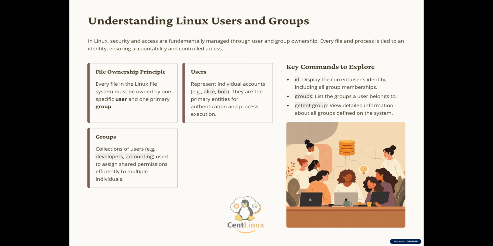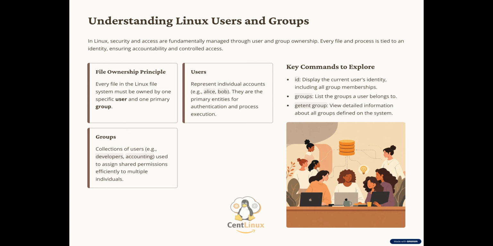In Linux, everything related to access control revolves around users and groups. Every file, every directory, and every running process is tied to a particular user and group. This ensures that the system can always determine who is performing an action and what they're allowed to do. A file in Linux must always have two forms of ownership, a user owner and a group owner.